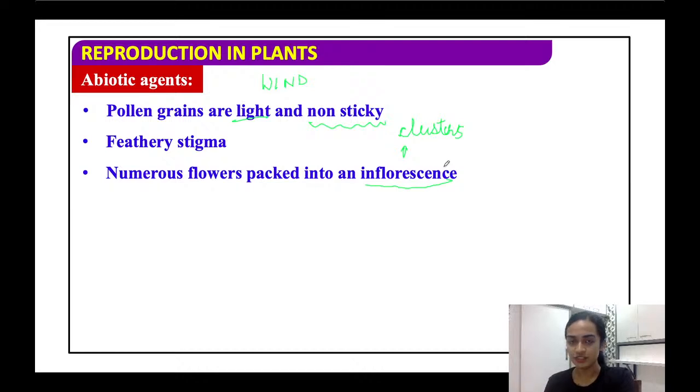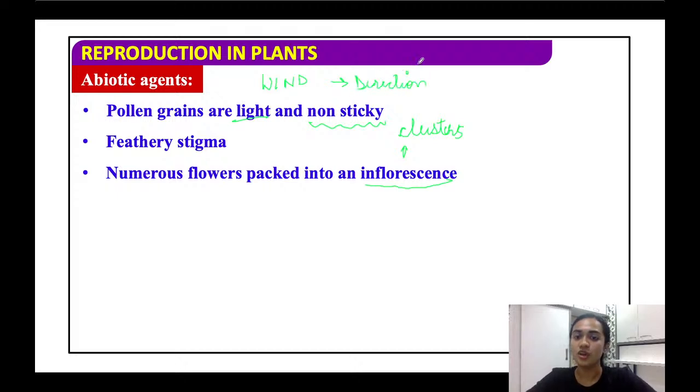Okay, how efficient is wind pollination? I've already mentioned that pollination is mostly carried out by biotic factors, because insects and the birds are preferred. All right. So coming to wind pollination, you cannot always rely on it because it will also depend on the direction of the wind.